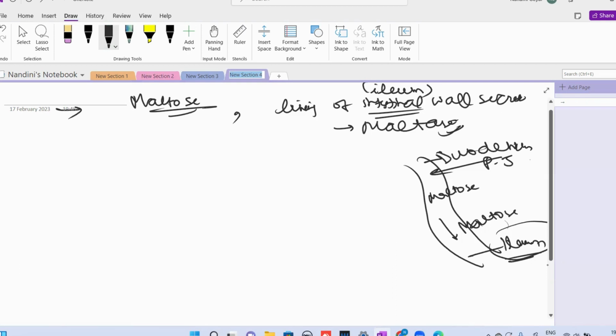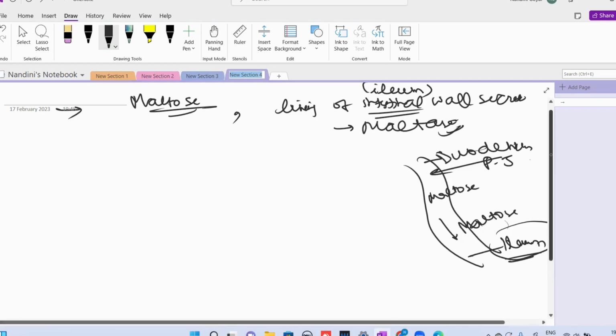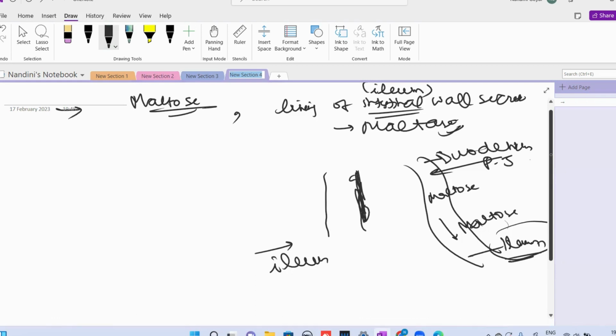But now there is a twist in this story. Suppose this is the ileum. This wall of the ileum has some kind of glands which secrete this maltase enzyme. But this maltase enzyme does not come from this gland into the lumen.